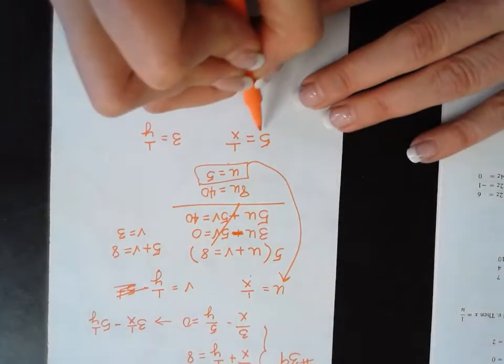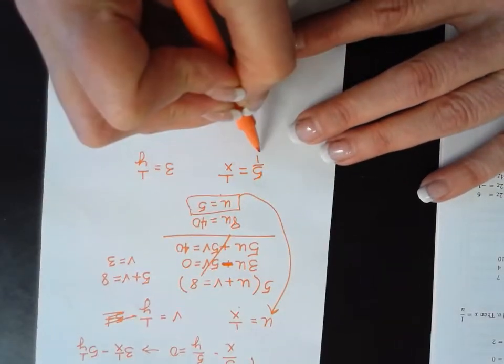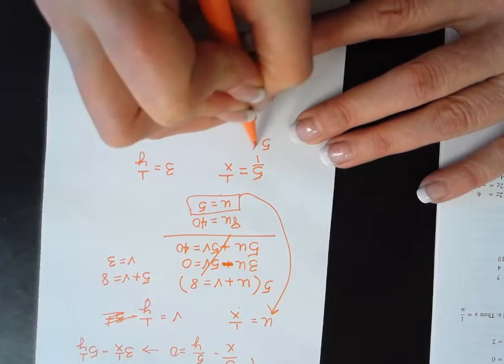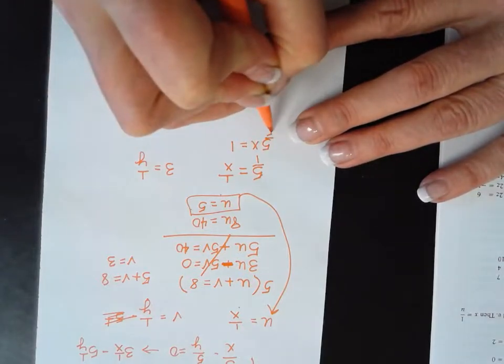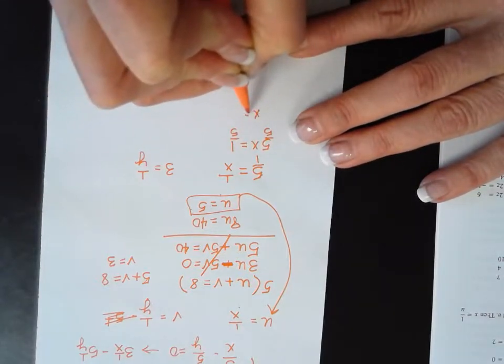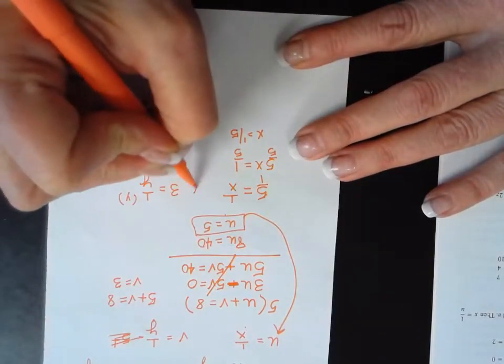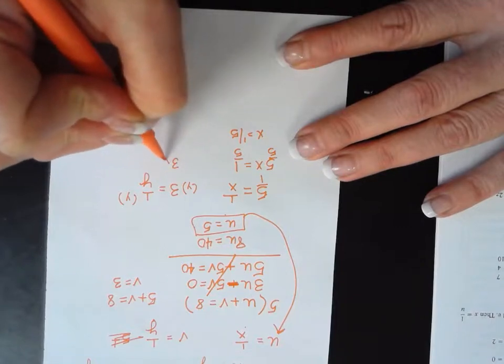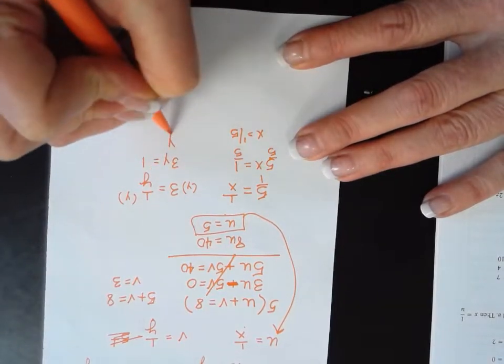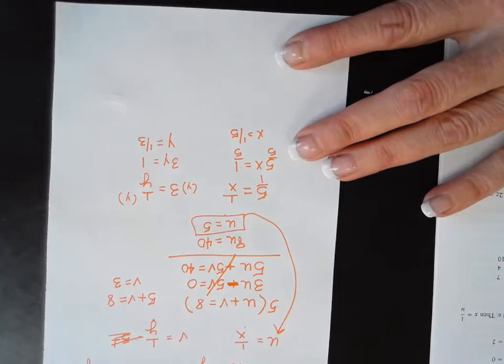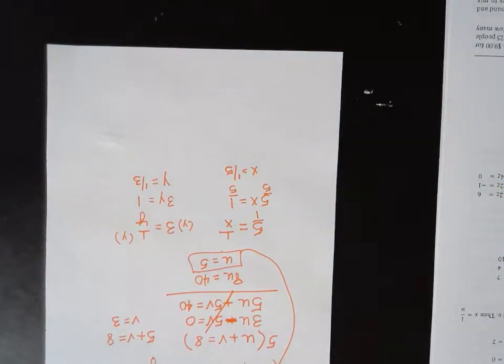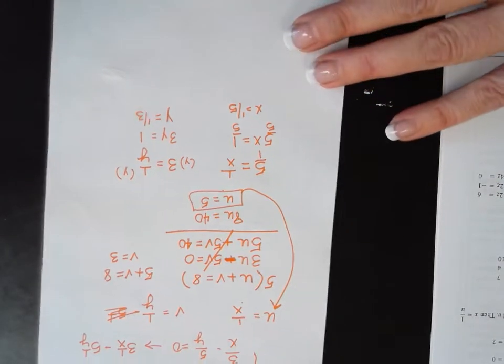You can think of it two ways. You could either cross multiply, and so 5x is equal to 1, and then divide by 5, so x is going to be 1/5, or multiply both sides by y, you're going to get the same answer. And y is going to be 1/3. Good?